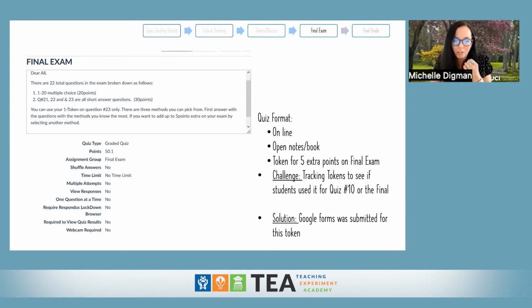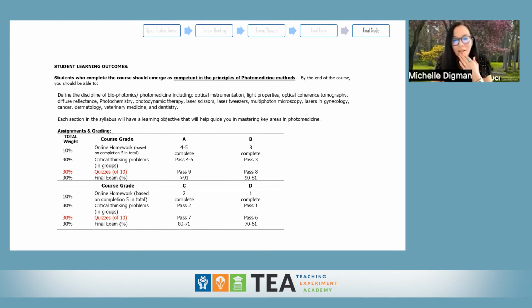And if they had tokens left over, and I gave them a final token survey for the course, they could answer an optional question on the exam, but they still had to answer it correctly. And they would add an extra 5 points to the total grade. So in this case, I did have a Google form that was submitted for tokens, so it was a little bit easier for me to track which students could do this.